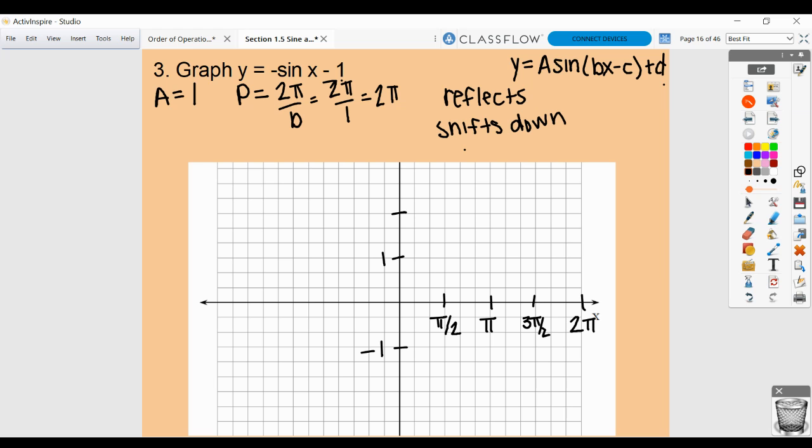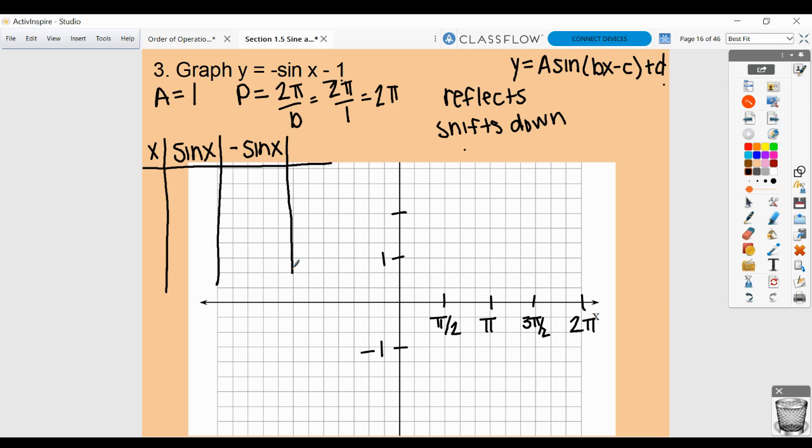All right, so you got your T-chart. You have the original sine graph. Then each part afterwards is going to be a transformation. Do you multiply or subtract first? You multiply. Speaking of order of operations.